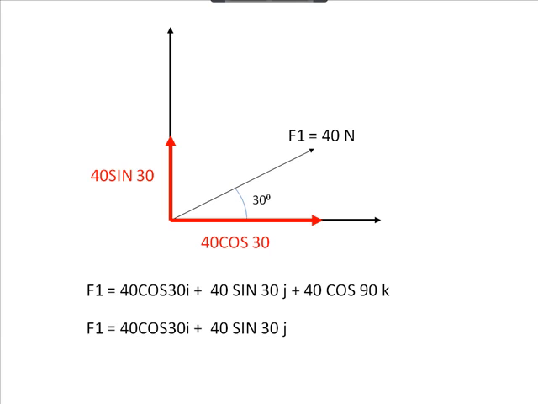Now see, this technique of resolution we need to master. Either we talk about expressing force as a vector, or we say that the force is resolved in x and y direction, and the components are as shown here, 40 cos 30 and 40 sin 30.